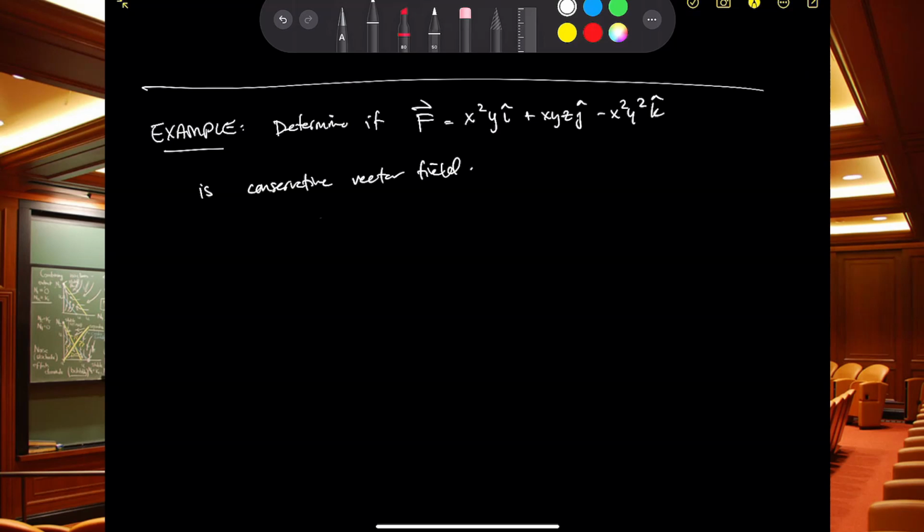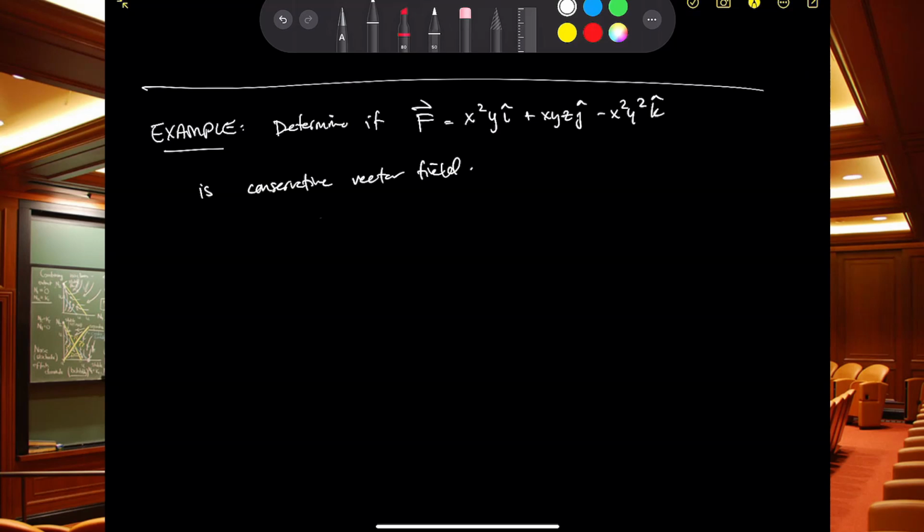So to determine if it's conservative, we can go back to what we know about these structures, which is that it will be conservative only if the curl is 0. So we find the curl of this thing and see if it's 0. If it is, then it's conservative, and if it's non-zero, then it's not. So not equal to the 0 vector.